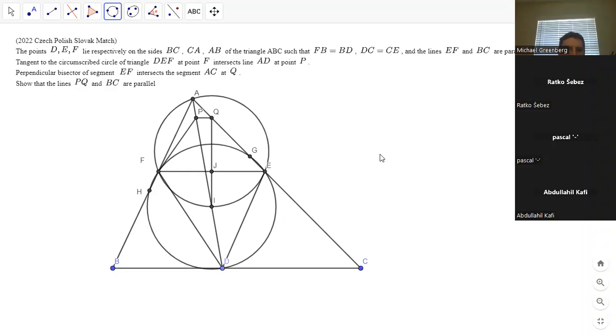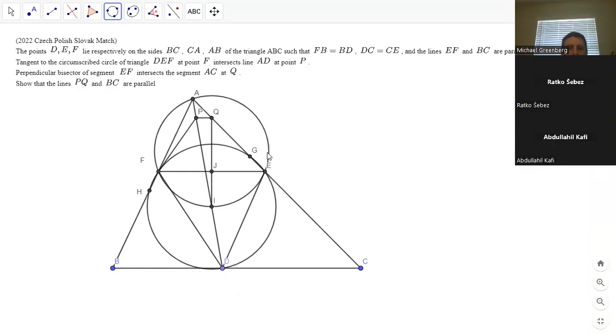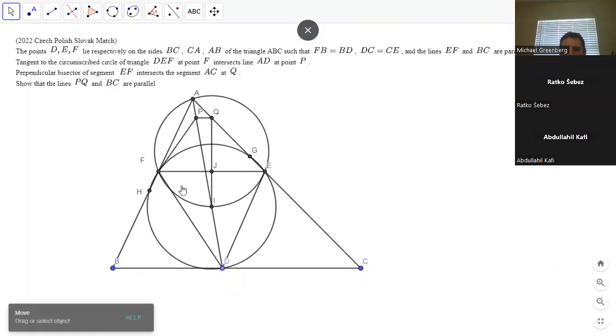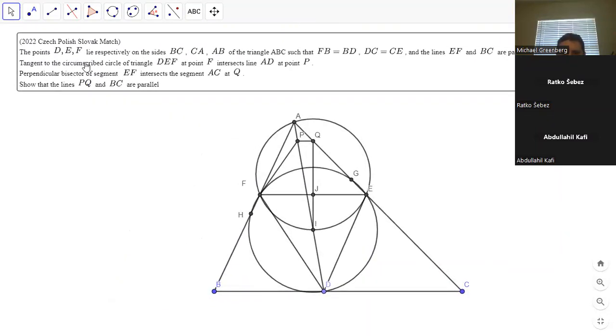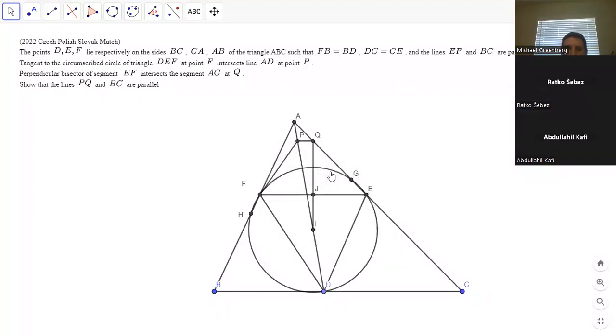Okay. So PFE is FDE. Yeah. So that is just an angle chase. Okay. We actually don't need that AFIE is cyclic, I think, since you can get PFE without it.